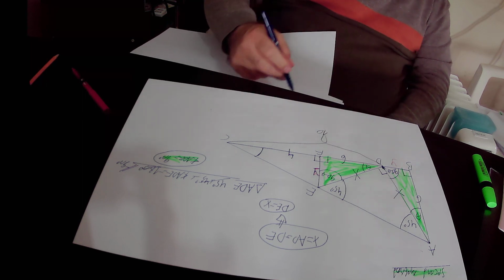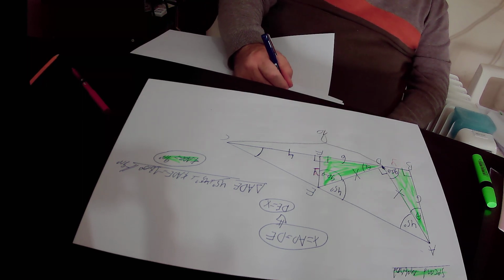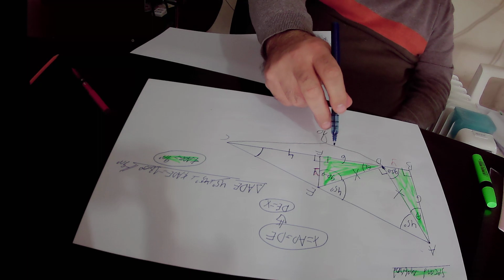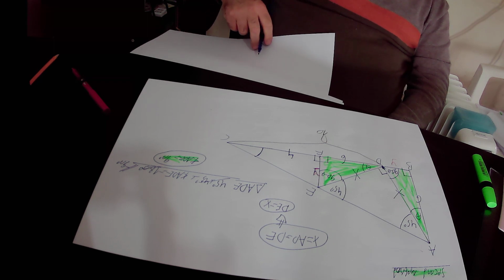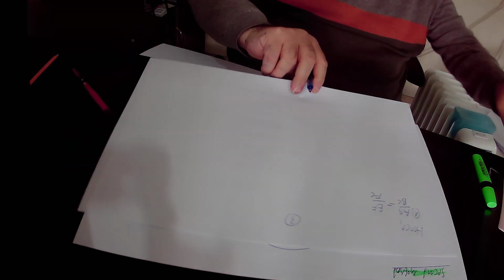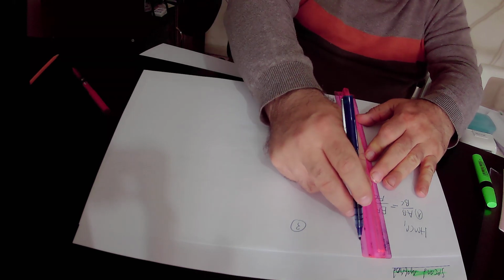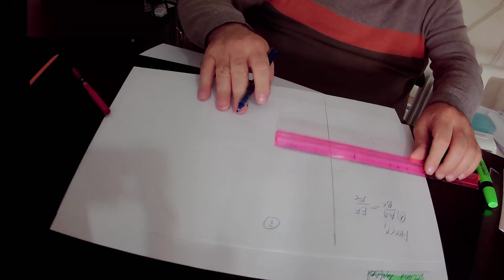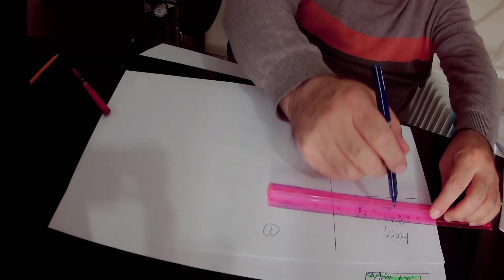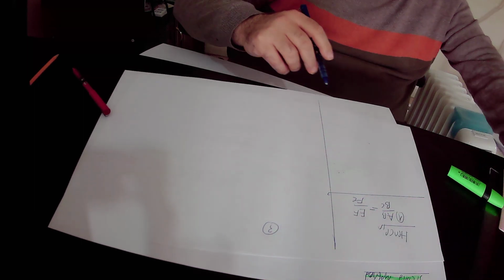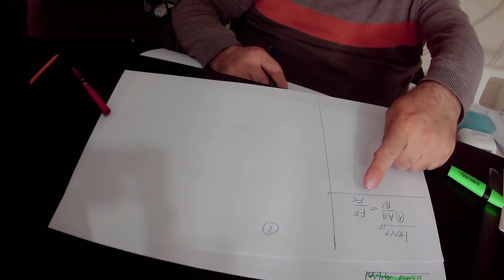AB over BC is equal to EF over FC. I repeat again, from the fact that triangle ABC is similar to triangle EFC, we will conclude that AB over BC equals EF over FC.